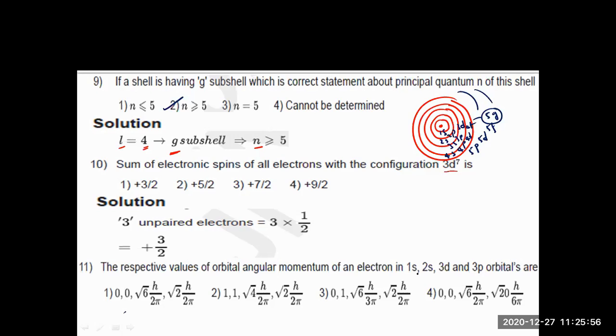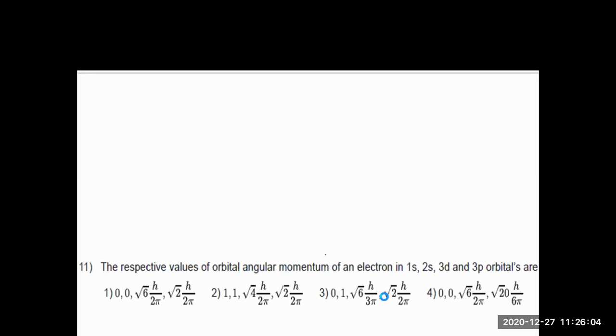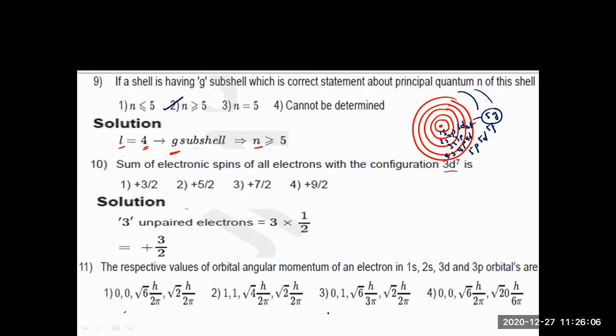For an s orbital, l is equal to 0. For a d orbital, l is equal to 2, for p it is 1. Wherever l is 0 for s orbital, the answer should be 0, right? So option 2 and 3 are ruled out. It should be either option 1 or 4.